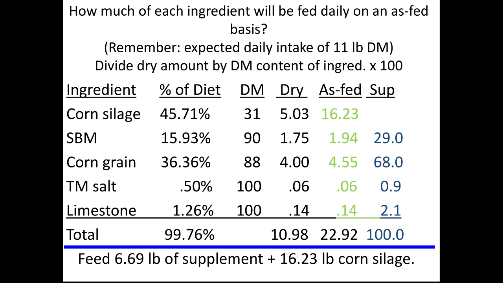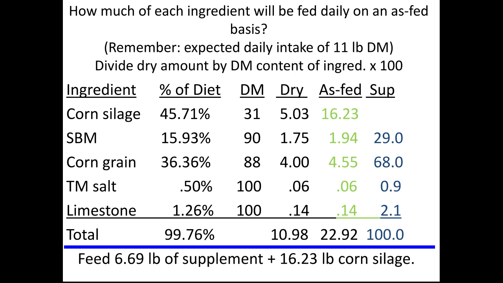In the next column, you can see their dry matter content. And next to that, you can see on a dry basis the percentage of those ingredients out of 11 pounds of dry matter per day.